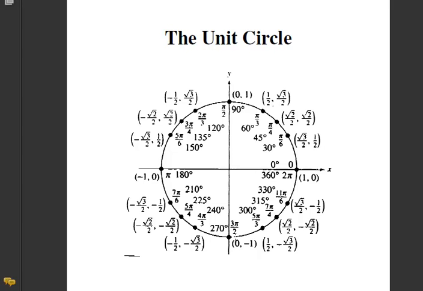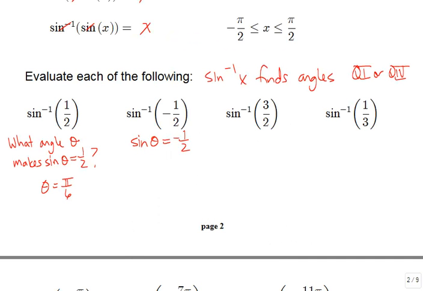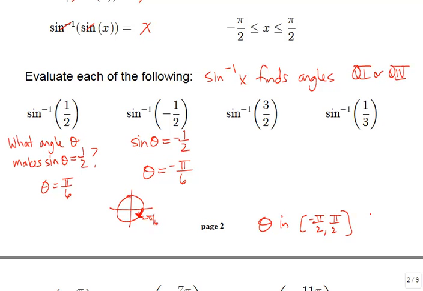So all we have to do is realize that we want a π/6 angle, but we want it in quadrant 4, and we want it to be within -π/2 to π/2, so it's got to be -π/6. In other words, it's got to be going clockwise right here to give you that -1/2 sine value. So anytime you're using an inverse sine function, make sure that the angle that you give for theta has to be between -π/2 and π/2.